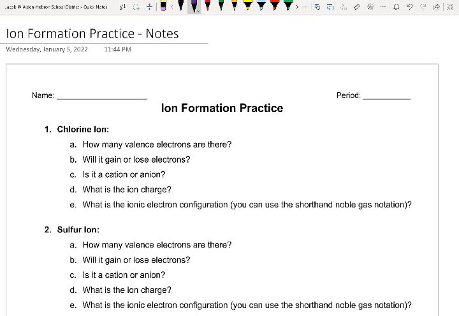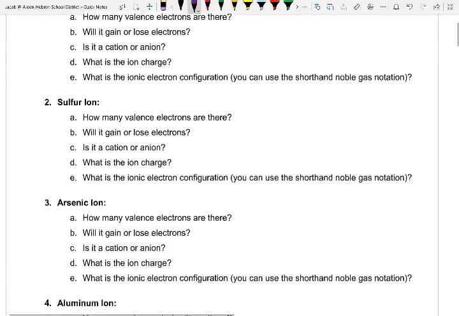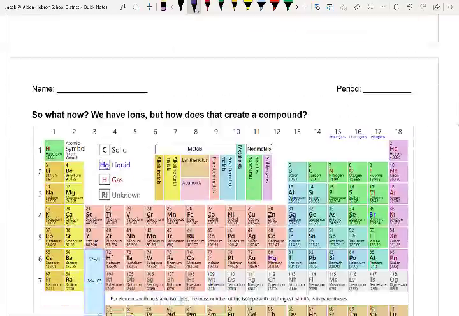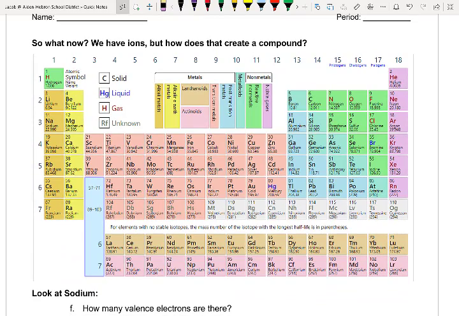So looking at the very first one, our chlorine ion. There are a couple different ways that you can do this for your valence electrons. Remember that I did show you a cheat, but you would need your periodic table.